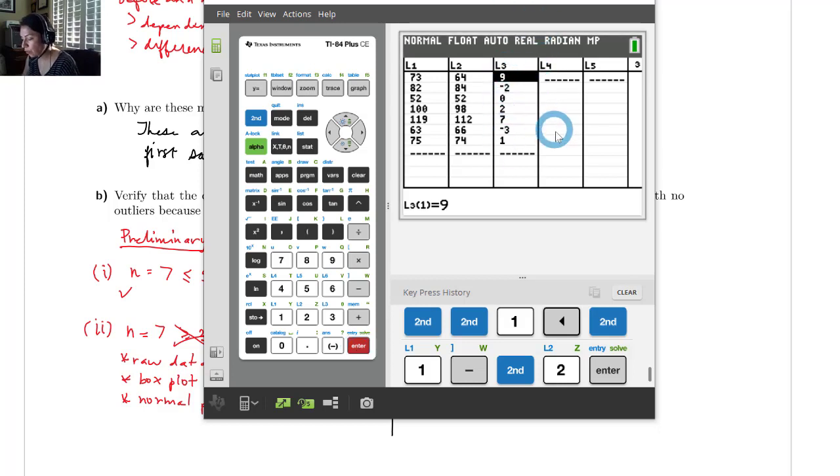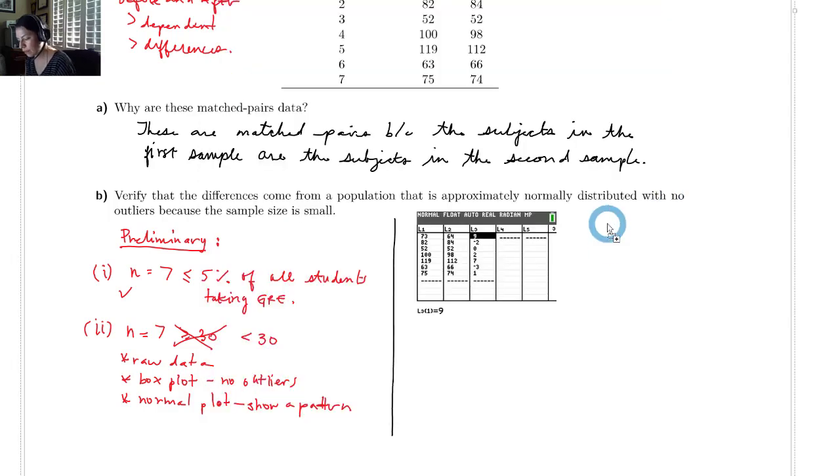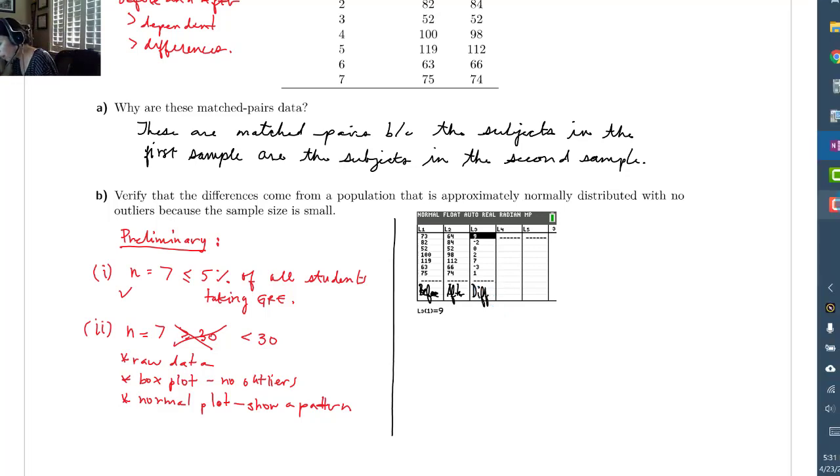I'm going to drag this over. Here is before, after, and the differences. Now let's go ahead and do the box plot and the probability plot.